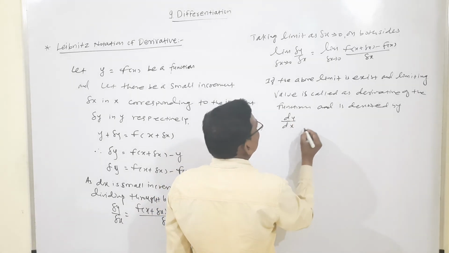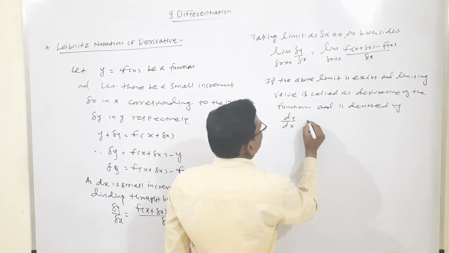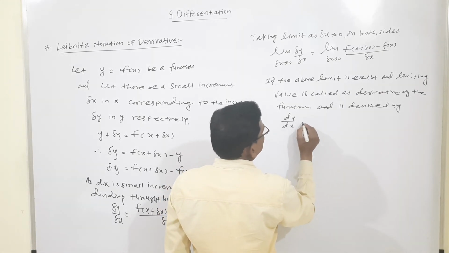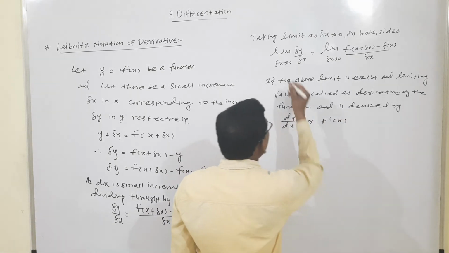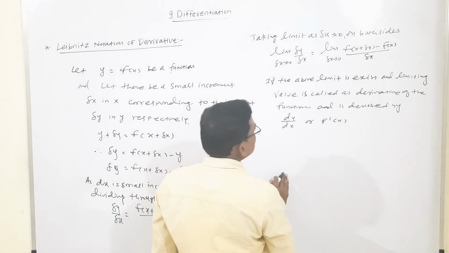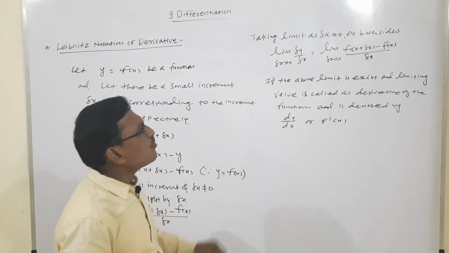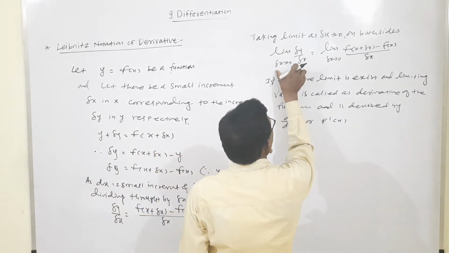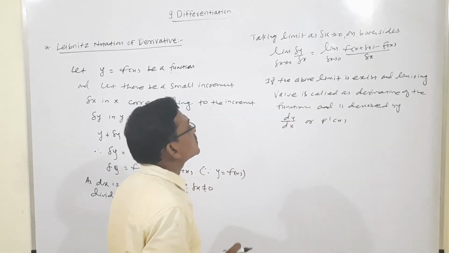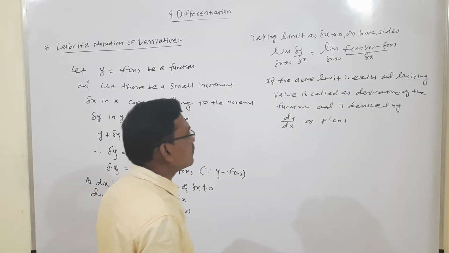Or f dash x. Therefore, if this limit exists, y equal to f of x is a differentiable function of x, and we write the limit of delta y upon delta x as delta x tends to 0 is equal to dy by dx.